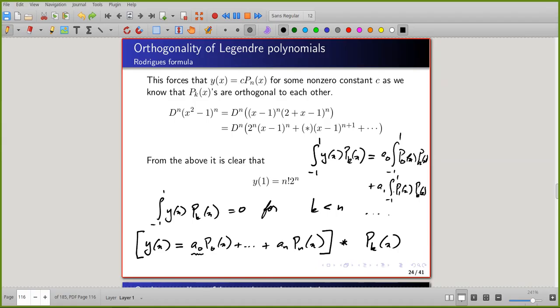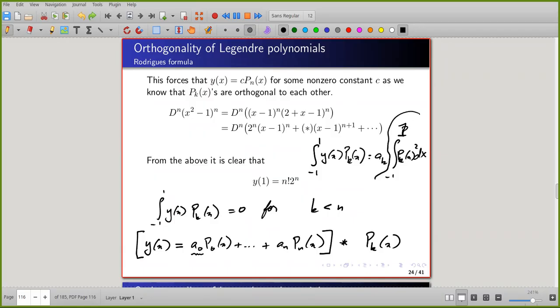But now notice that all these integrals are 0, because we have already shown that the pi's are mutually orthogonal. Therefore only ak will remain. So this is what I had done earlier. This integral will now become ak times the integral from minus 1 to 1 of pk of x whole square dx.